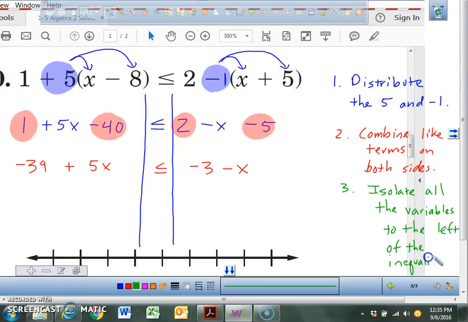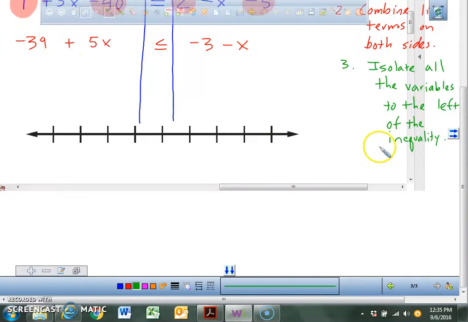Now, there's a reason why I'm going to the left and not the right. Over here, notice, we have positive 5x's right here. So if I have positive 5x's already over there, what could I do to get rid of this negative x on both sides of the inequality? What are we going to do?